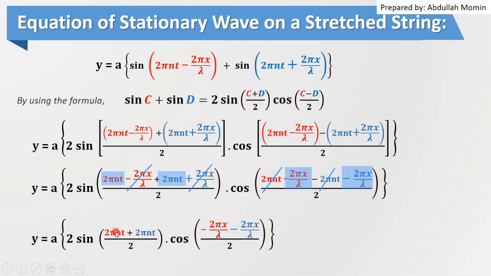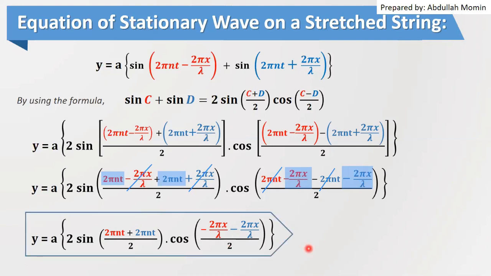Now we are going to add this red term and blue term in this bracket, and we will also simplify the bracket which is with cos. So we are going to add this red and blue term together, that is 2 pi nt plus 2 pi nt, that will become 4 pi nt.